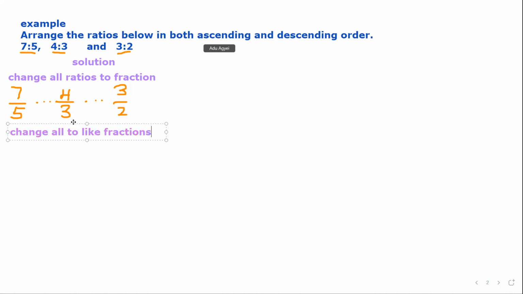So you are going to change all these unlike fractions to like fractions by finding the LCD or the LCM of 5, 3, and 2. Okay, good.